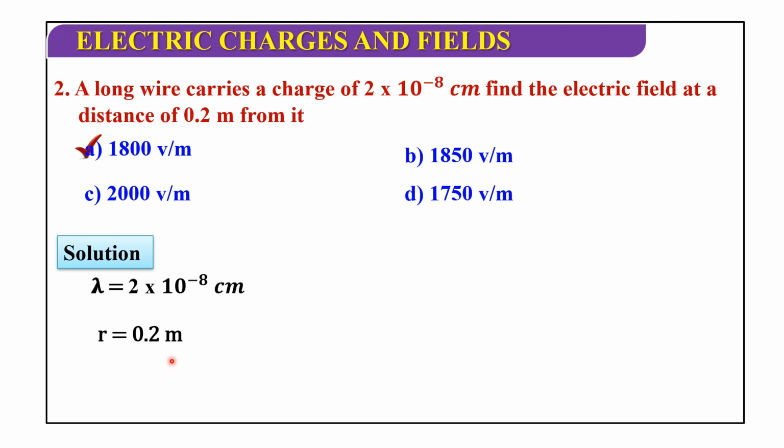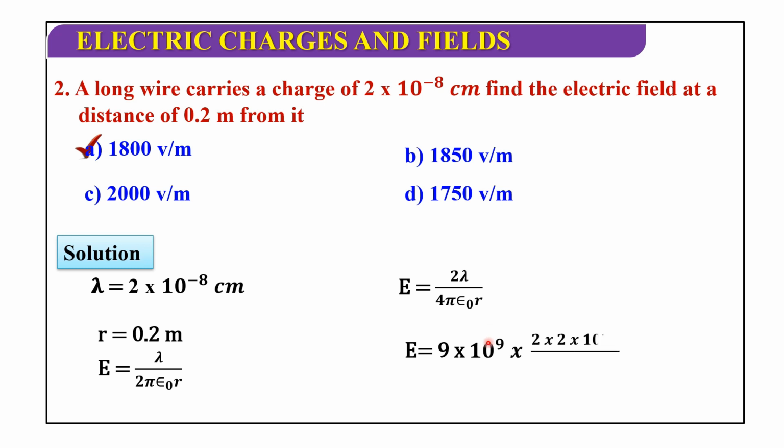Here the given lambda is 2 × 10 to the power of minus 8 and r is given as 0.2 meters. From this we calculate the electric field E equals lambda by 2 pi epsilon naught r. Substituting values, E equals 2 lambda by 4 pi epsilon naught r, so E equals 9 into 10 to the power of 9 into 2 into 2 into 10 to the power of minus 8 by 0.2.